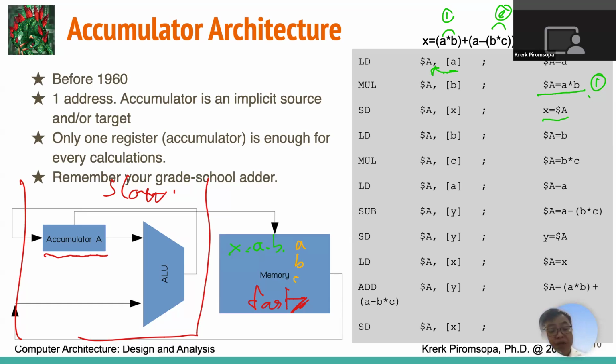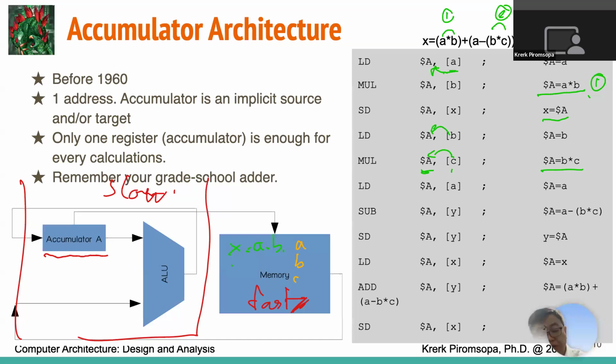Then load B into your head. Multiply it with C. Now in your head you've got B times C. Something is missing here.